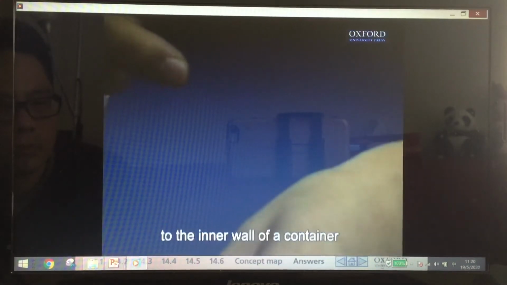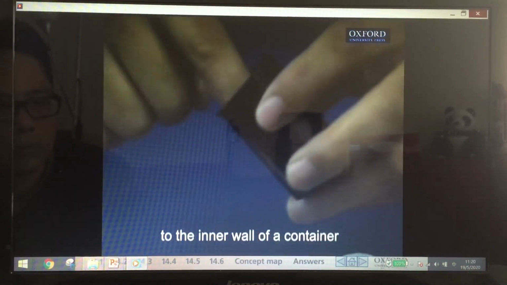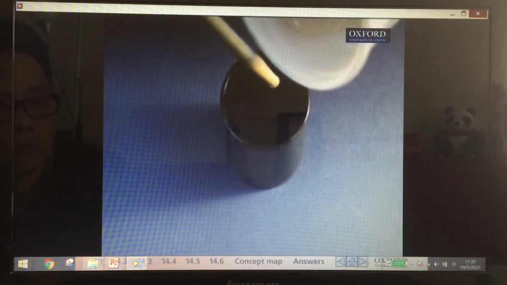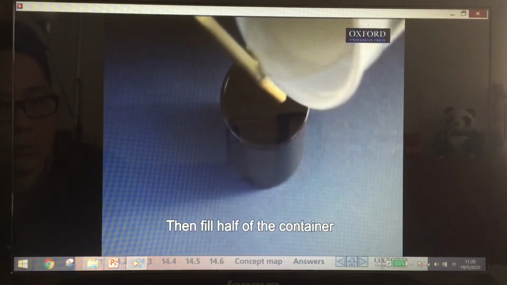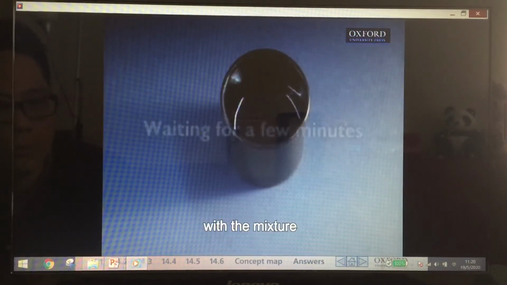Apply some lubricant to the inner wall of a container. Then fill half of the container with the mixture.